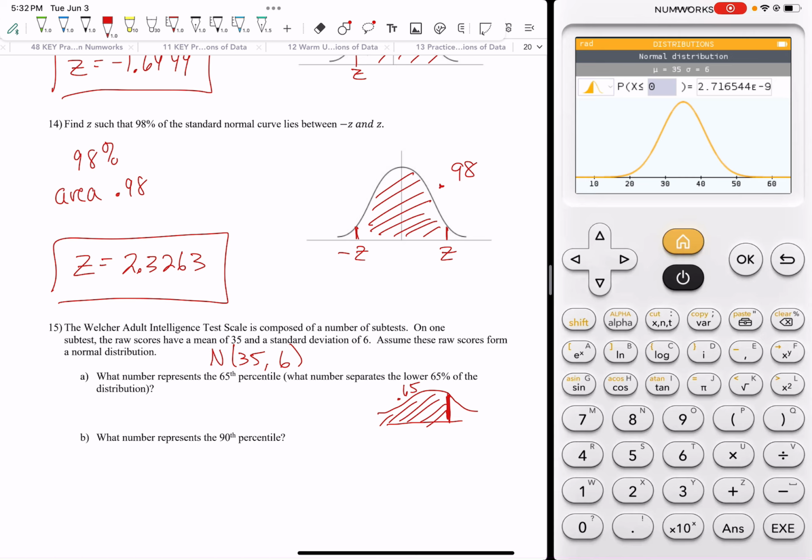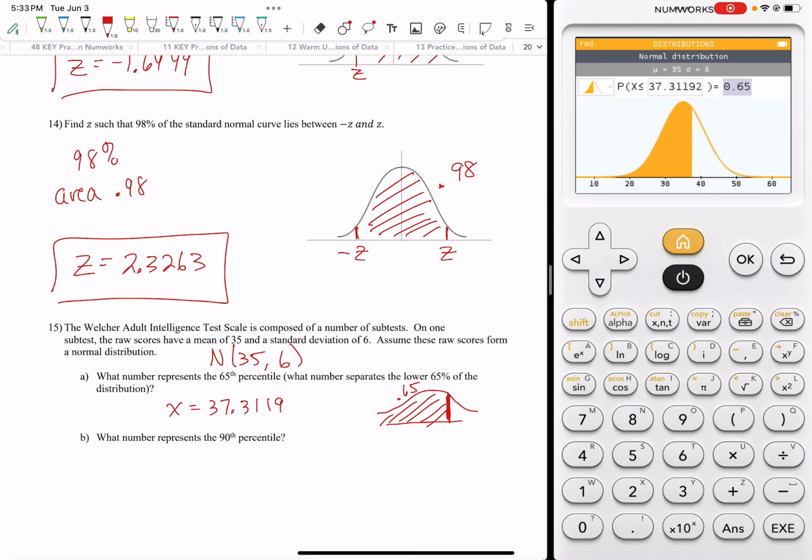So I'm going to go in, I want it to the left, and I'm going to type in my area, 0.65, and there it is. So my answer here, our x value is 37.3119.